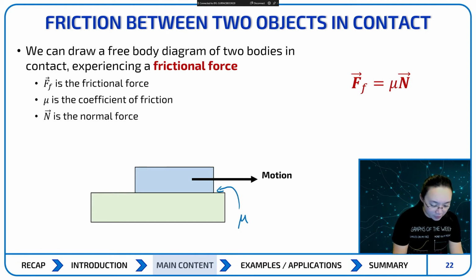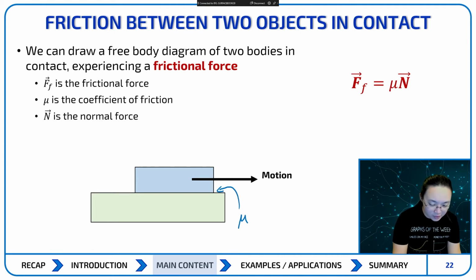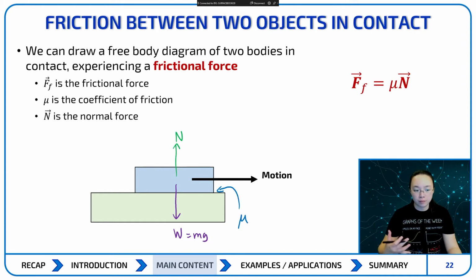There are forces acting on the top box, and the top blue box is trying to move towards the right. So in this case, the object will have some sort of weight, W equals mg. It will have some sort of normal force, which is the pushback from the bottom box onto the top box.